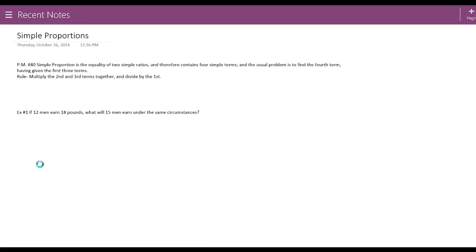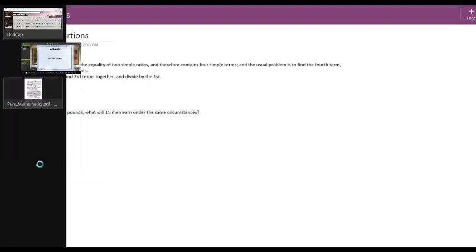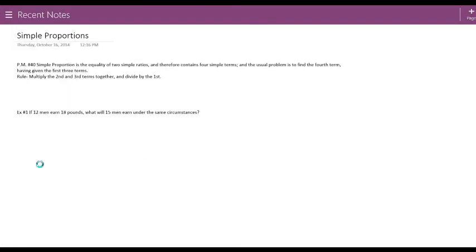So let's look at this first example that they have. Example 1. If 12 men earn 18 pounds, what will 15 men earn under the same circumstances? So our first term, or one term that we have, is 12 men.